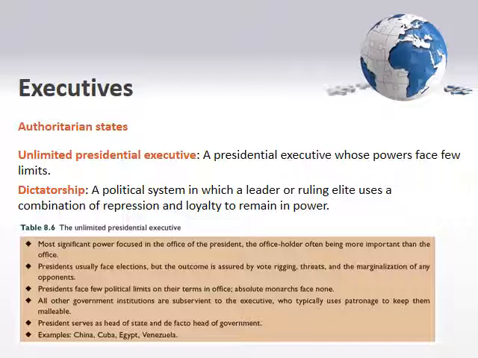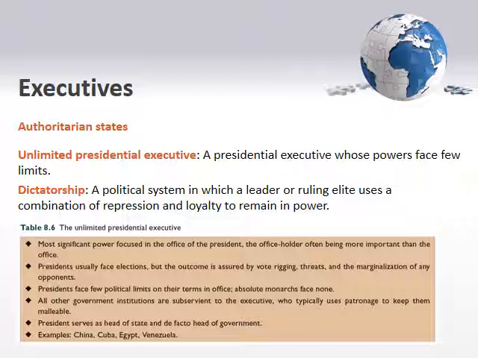They may have a constitution that outlines that there's supposed to be an independent judiciary, an independent legislature, maybe a federal system where power is divided between regional governments and the central government. Russia would be an example of that. But I think we would still refer to Russia as an unlimited presidential executive because even though their constitution says those limits should exist, Vladimir Putin does not recognize or accept those limitations.